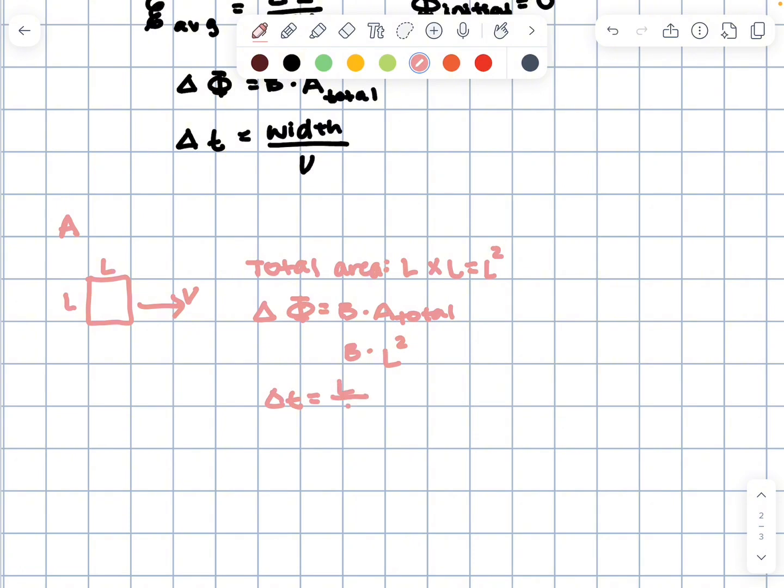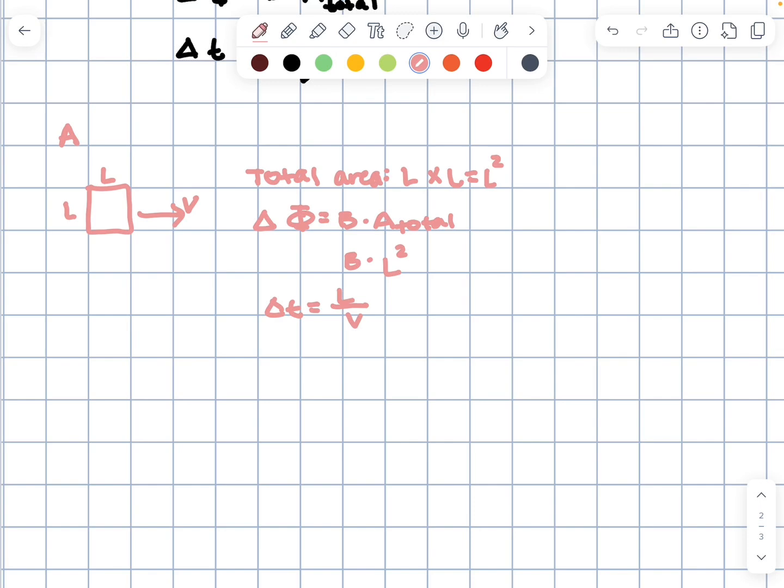The width is L over V seconds to enter. And then to find our average EMF for A, we have B times L squared, because that's our total change in flux, over our time, L over V, which equals B times L times the velocity.